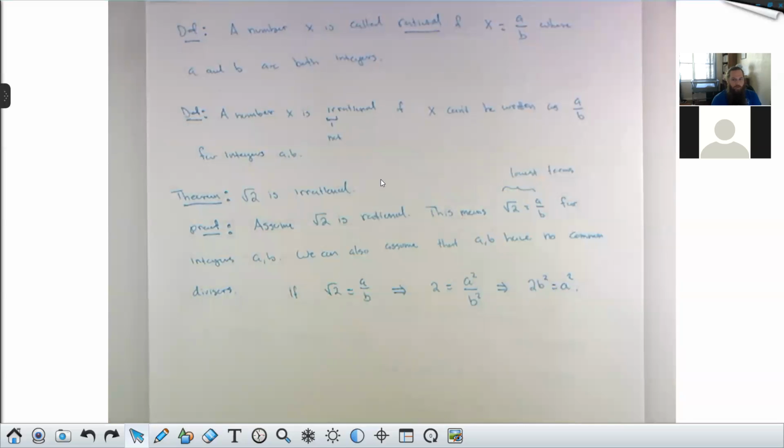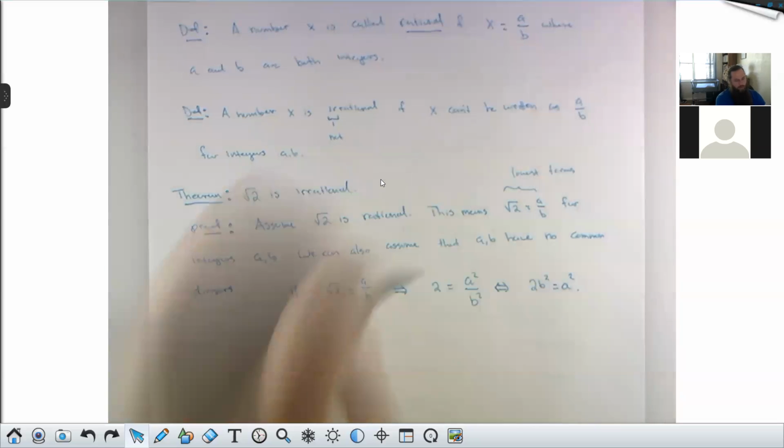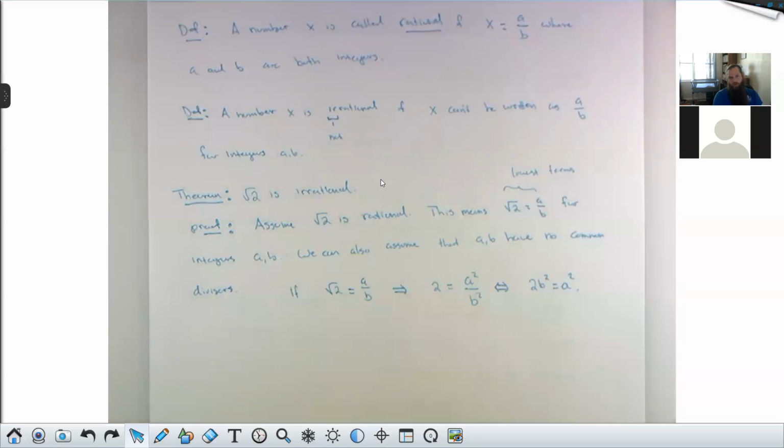Is everybody comfy with that statement on the right? The second one's actually an if and only if. It goes both ways. Now, if a squared is equal to 2b squared, then a squared must be divisible by 2.